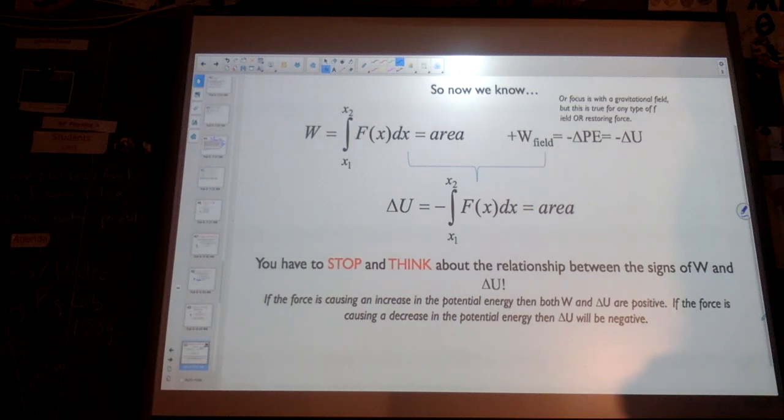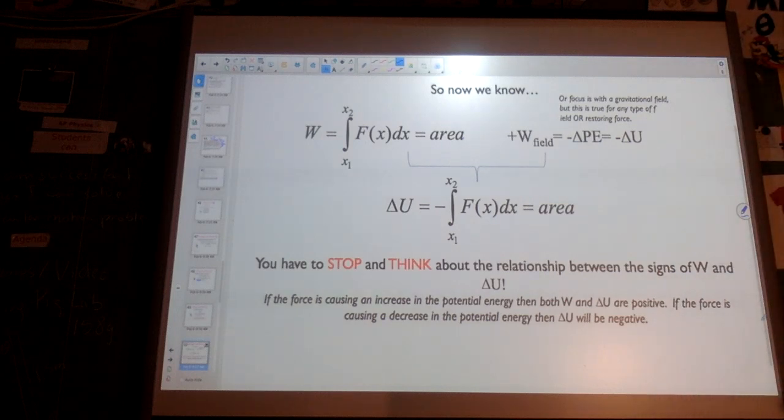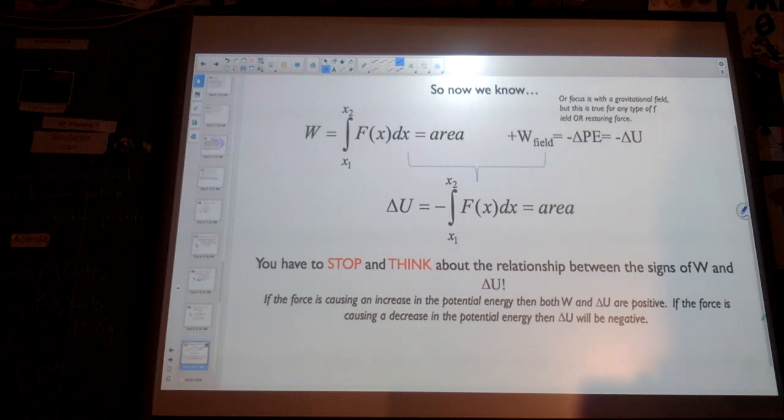So if the force is causing an increase in the potential energy, then our W and our U are positive. If the force is causing a decrease in the potential energy, then our change in potential energy will be negative.